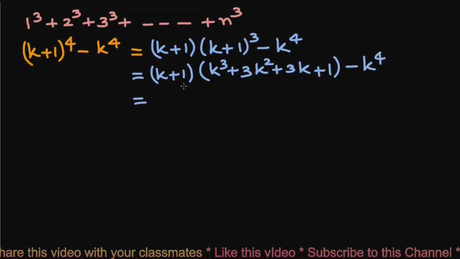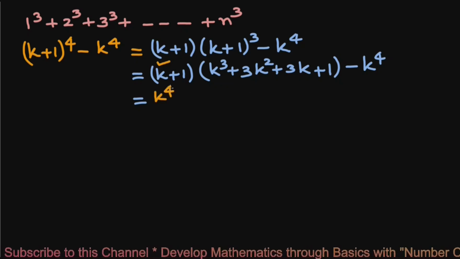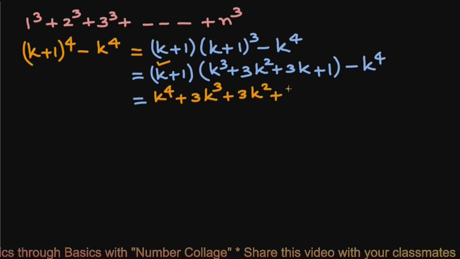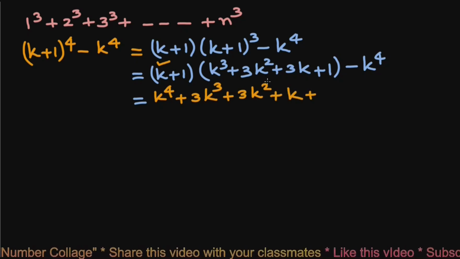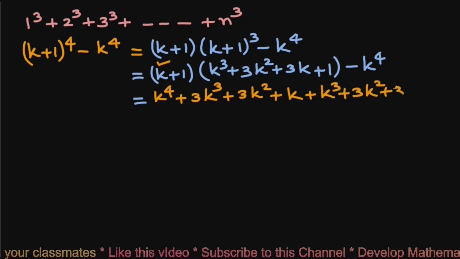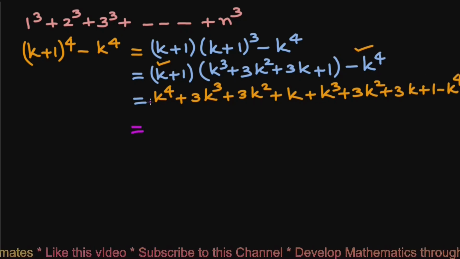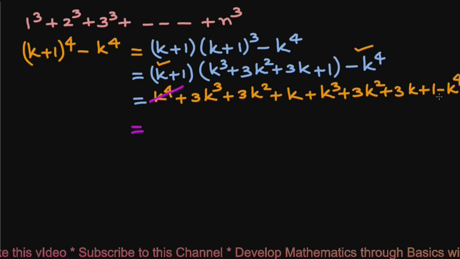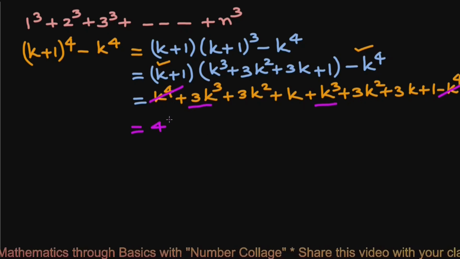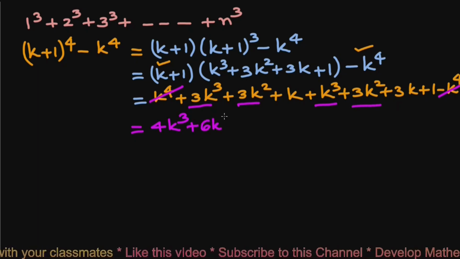So this will be first k multiplied by this whole bracket gives us k power 4 plus 3k cube plus 3k square plus k, plus 1 multiplied by this whole bracket will be k cube plus 3k squared plus 3k plus 1 minus this k power 4 equals, this k power 4 cancels with this k power 4. 3k cube plus k cube will be 4k cube. 3k square plus 3k square will be 6k squared.